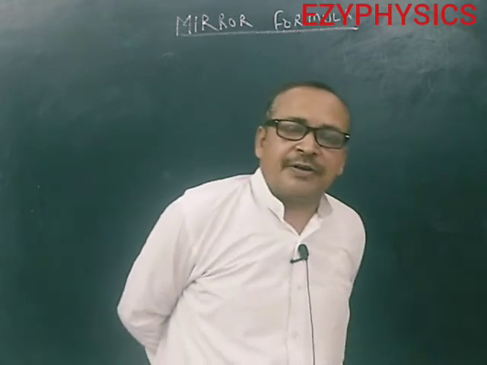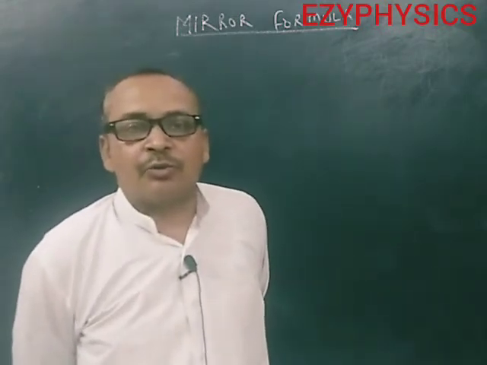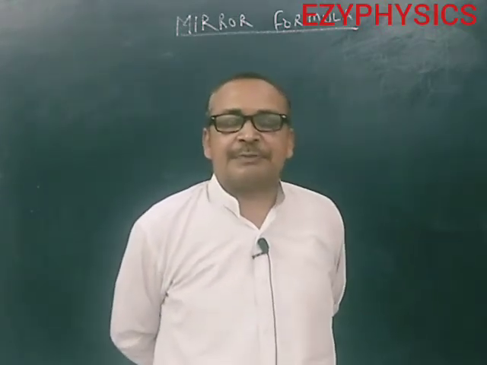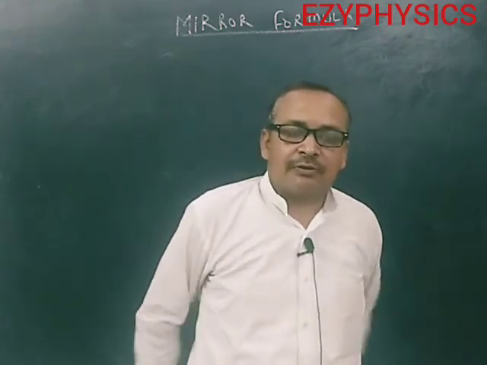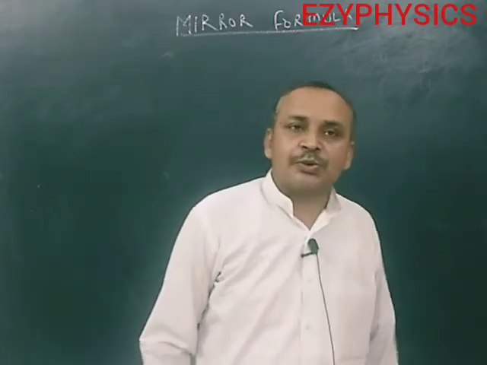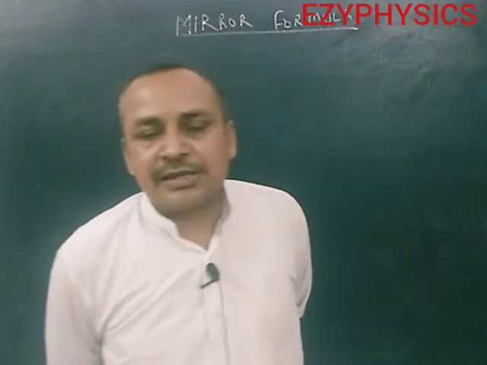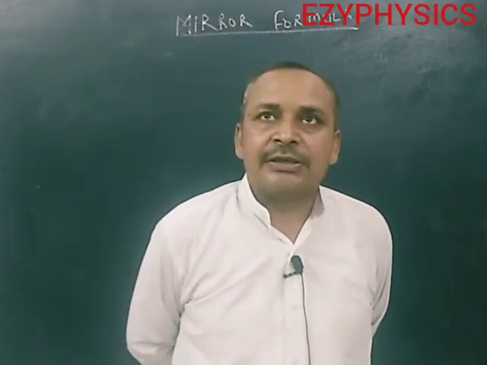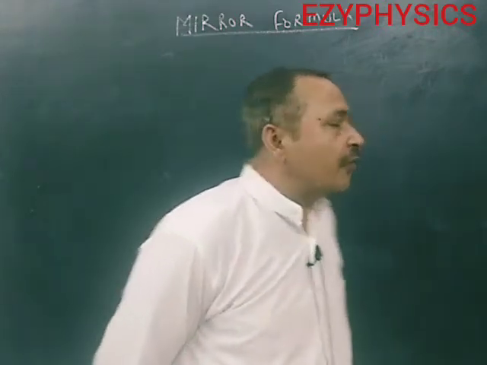Today, my dear friends, we are going to talk about one of the very important concepts that we were using earlier also in our previous class, and that is the mirror formula.